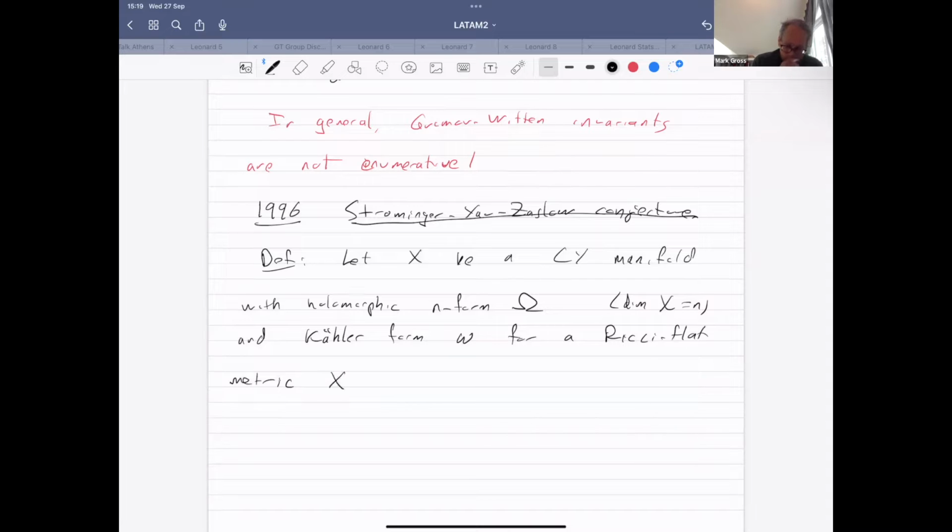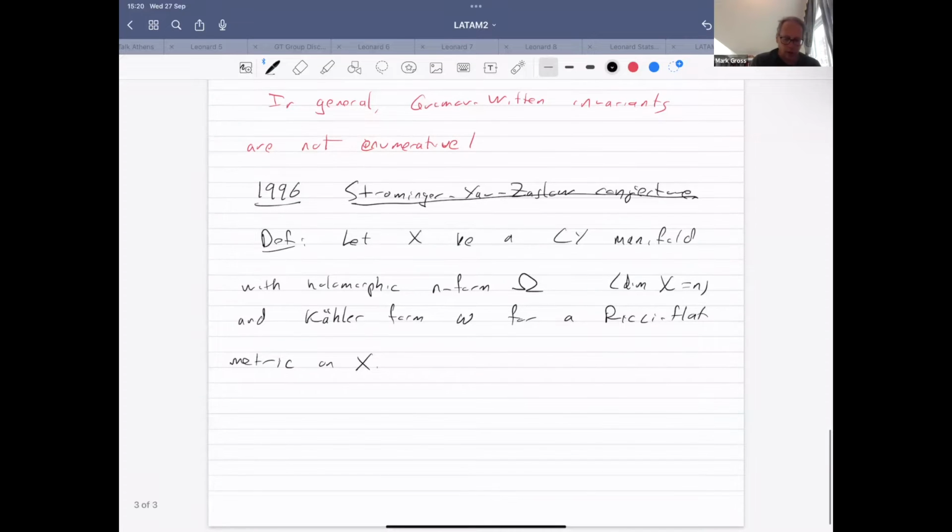Such metrics exist by Yau's proof of the Calabi conjecture. So we always have these two bits of information on a Calabi-Yau manifold: if we have a Ricci flat metric, we have the Kähler form, and we have the holomorphic n-form.